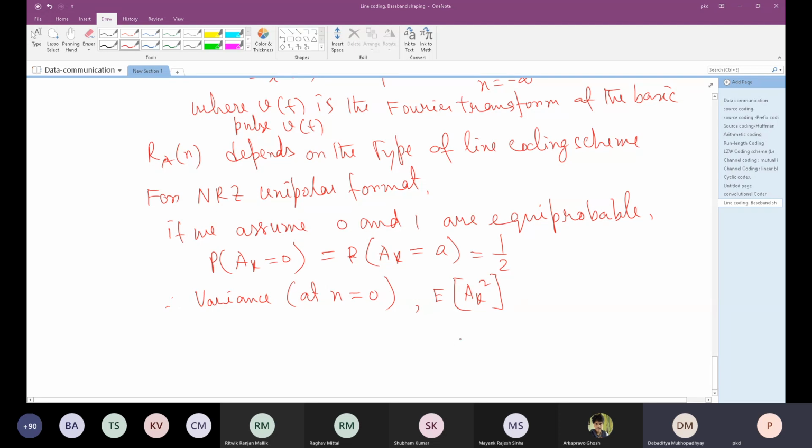So this is equal to 0 into P(AK=0) plus A square into P(AK=A).